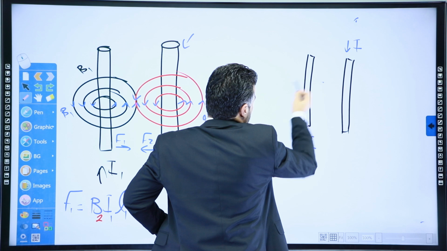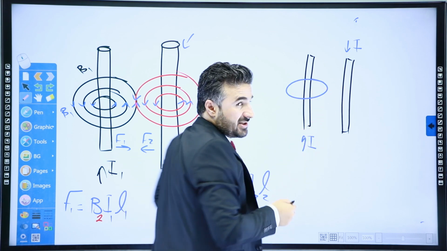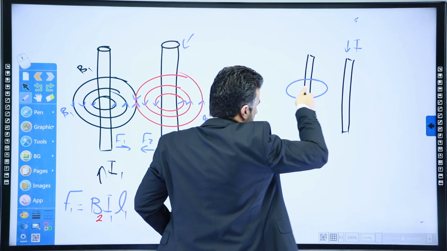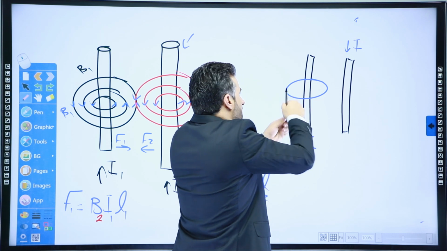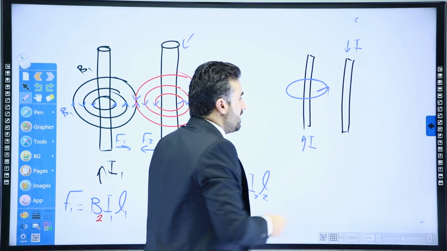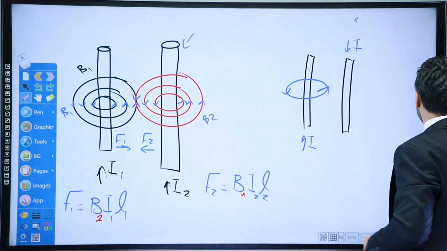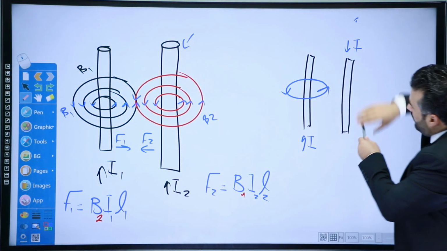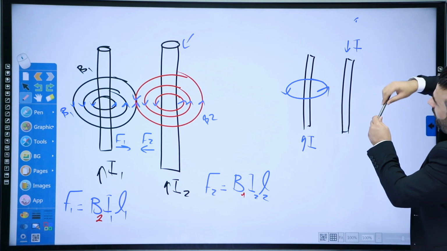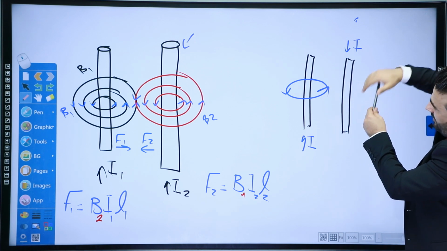I'll just draw one circle here for simplicity. So here's the direction of the magnetic field, basically counterclockwise. But for the second one, because the current is moving downward, the direction of the magnetic field is going to be this way here.